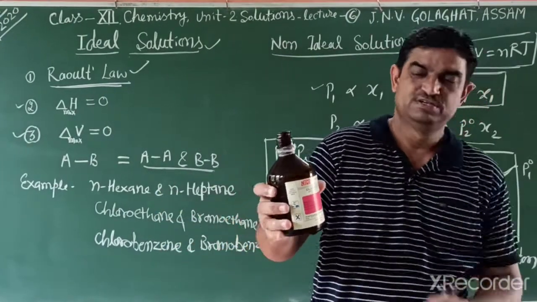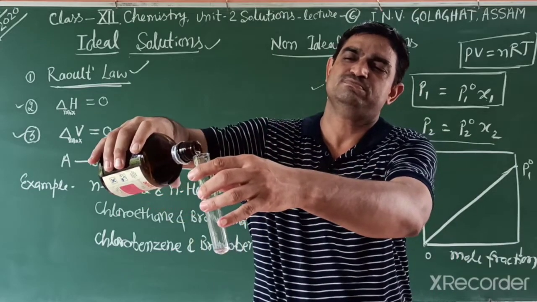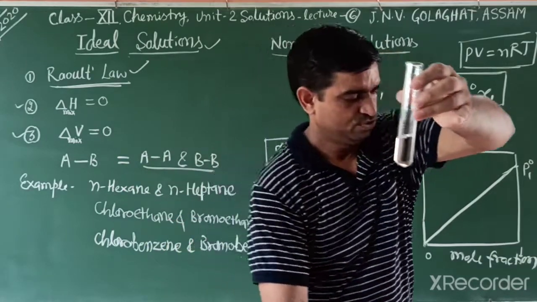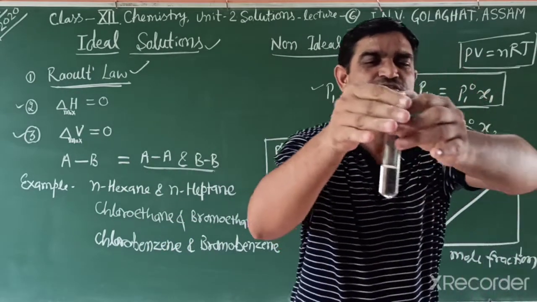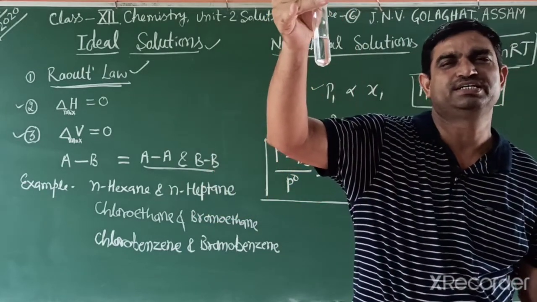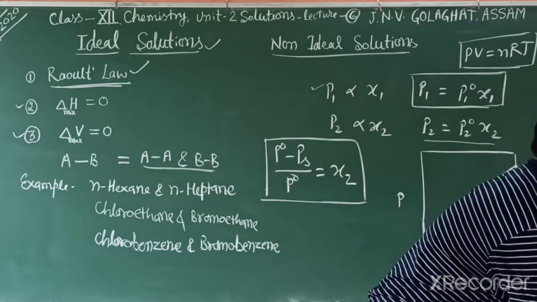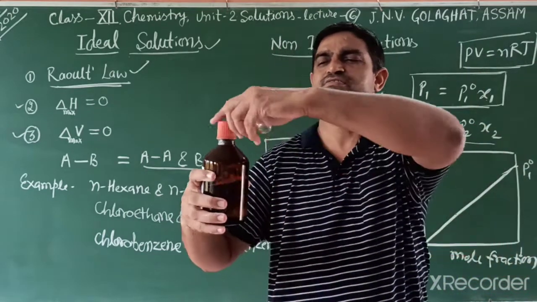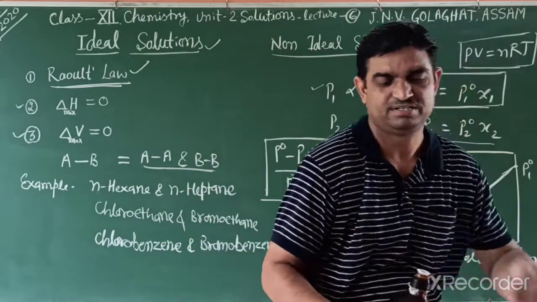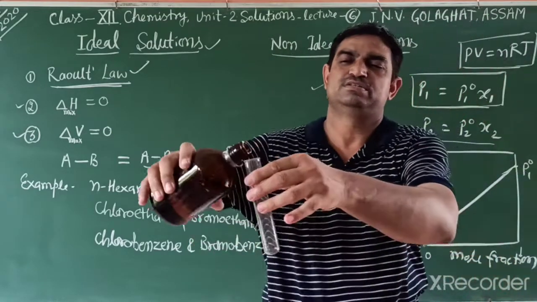I take a fixed amount of chlorobenzene in this test tube, approximately 10 ml. In the other test tube I take benzene, another chemical, 15 ml.